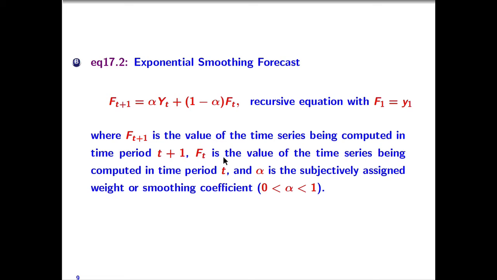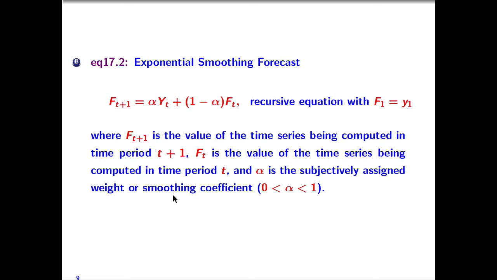F t is the value of the time series being computed in time period t, and alpha is the so-called weighted coefficient, a value between 0 and 1, and we also call this the smoothing coefficient.